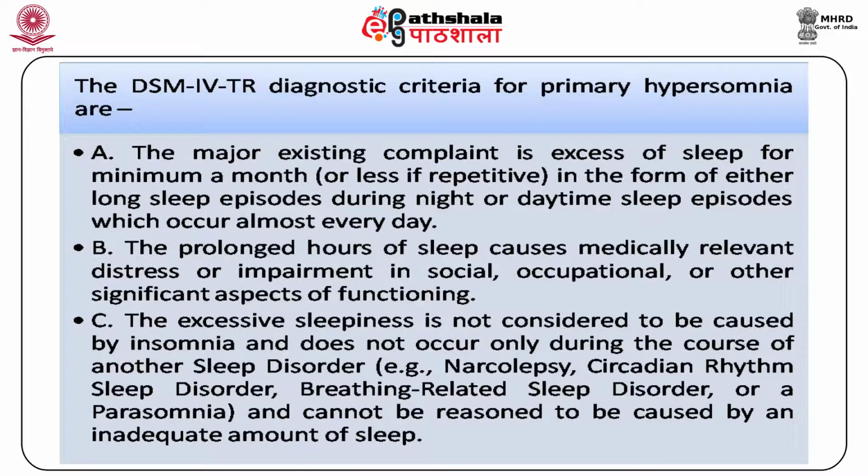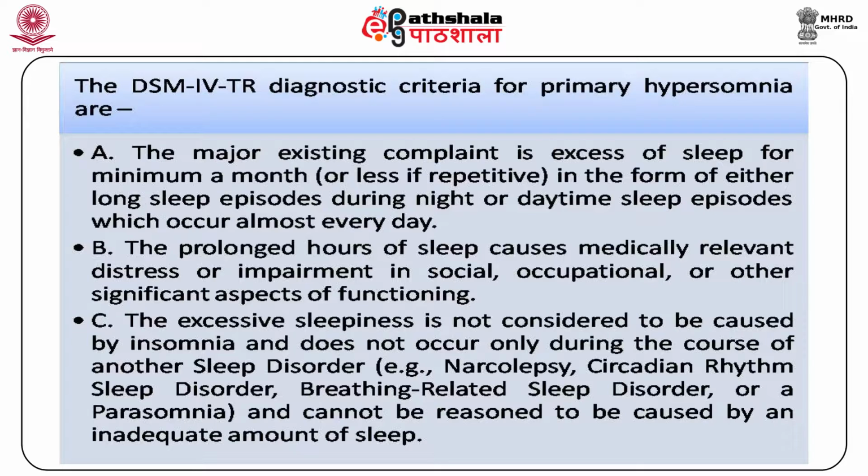Number 1. A predominant complaint is excessive sleepiness for at least 1 month, as evidenced by either prolonged sleep episodes or daytime sleep episodes that occur almost daily. Number 2. The excessive sleepiness causes clinically significant distress or impairment in social, occupational, or other important areas of functioning. Number 3.